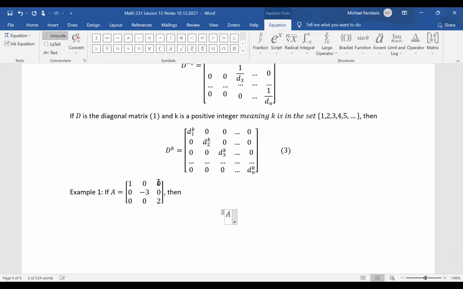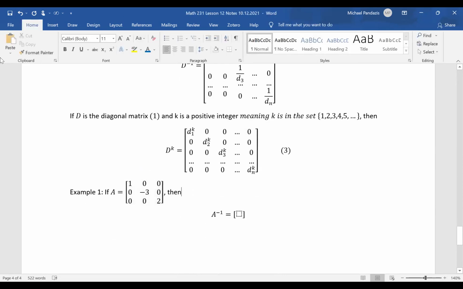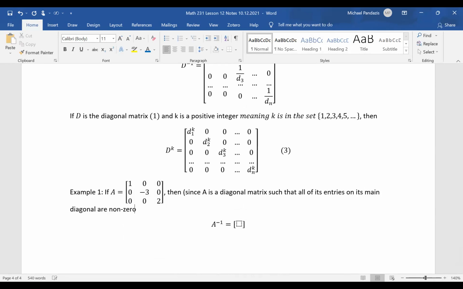Then A inverse, we're just applying this because we have a diagonal matrix where all of its entries on its main diagonal are non-zero.